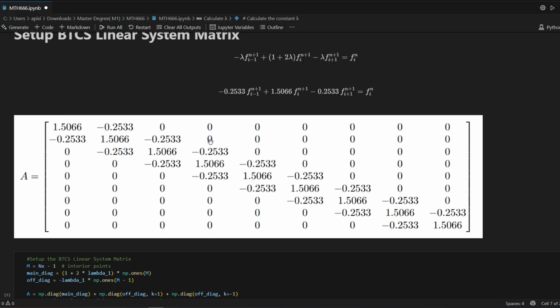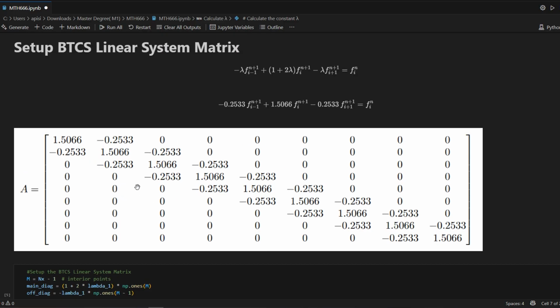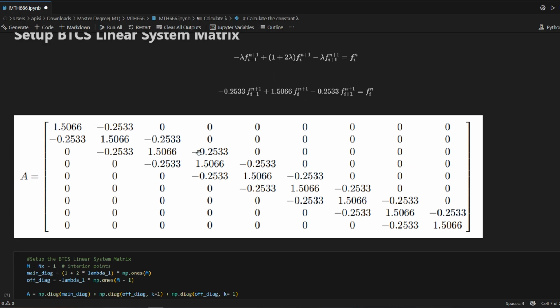It's called tridiagonal, right? On the main diagonal, we will have the constant value from this equation, 1.5066, and the upper and lower diagonals have the same values, minus 0.2533.